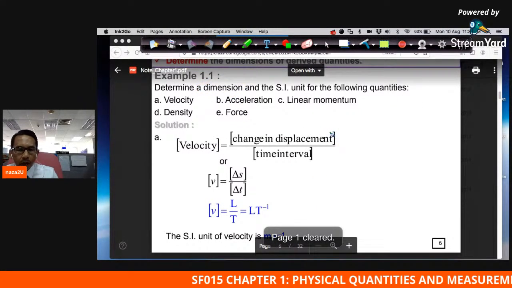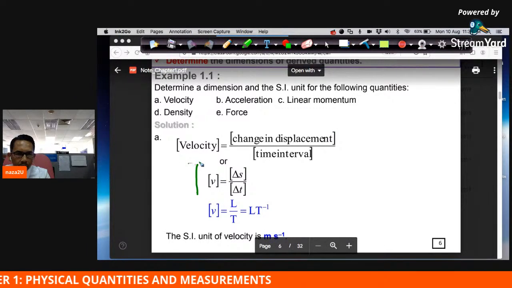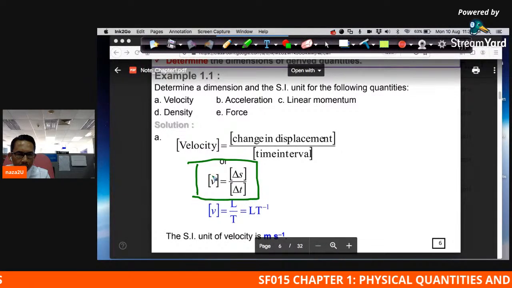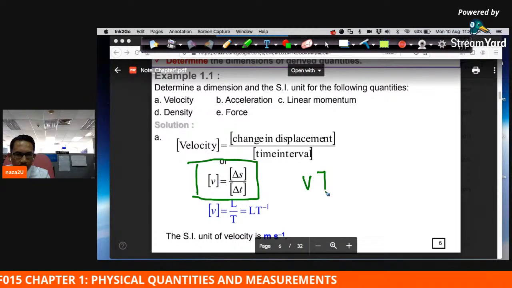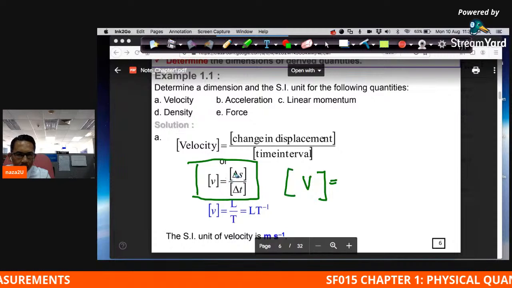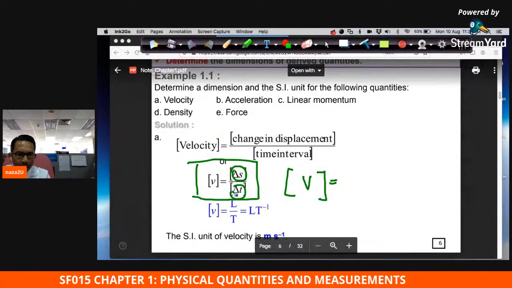Okay, velocity. Look at the equation here. The dimension of the velocity v: as you know, the velocity equation is displacement or length divided by time t.